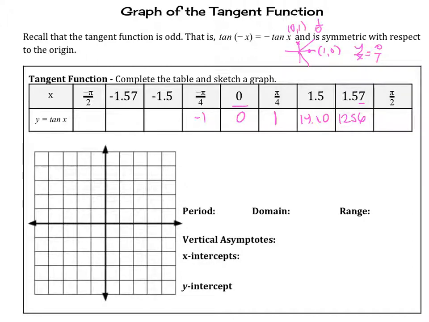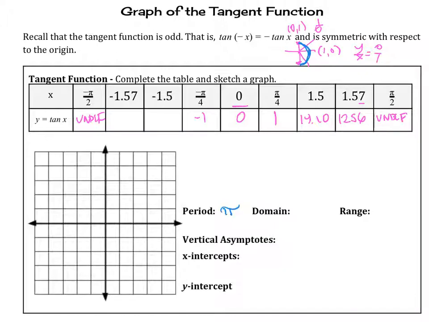So that is 1 over 0, and it is undefined. Then at negative pi over 2 down here, it is also undefined. So we notice that the period of tangent is only pi, because it's undefined at those two spots.